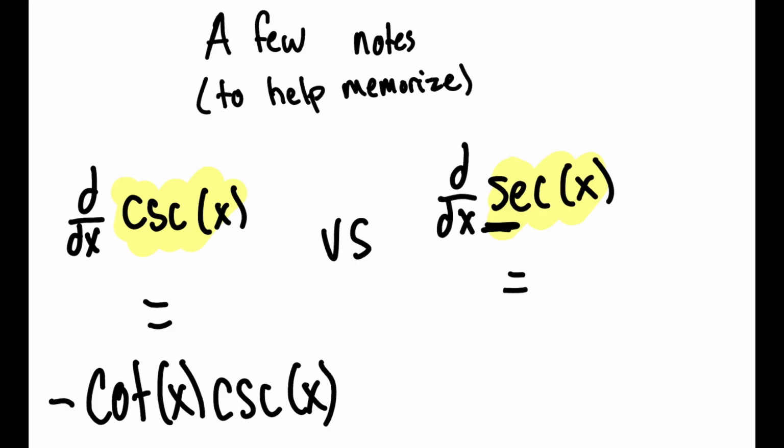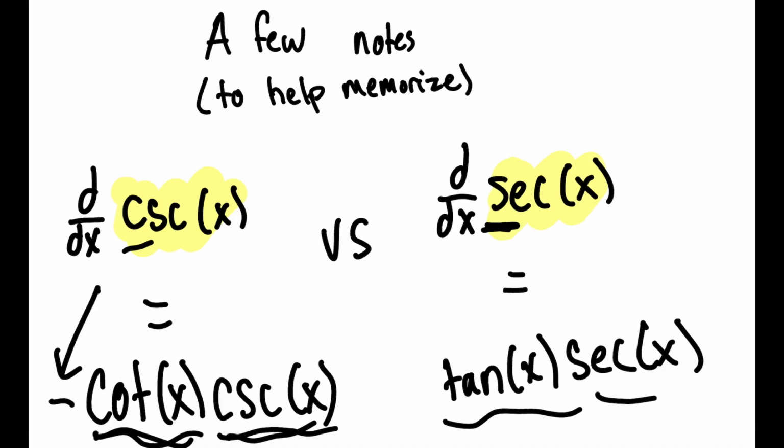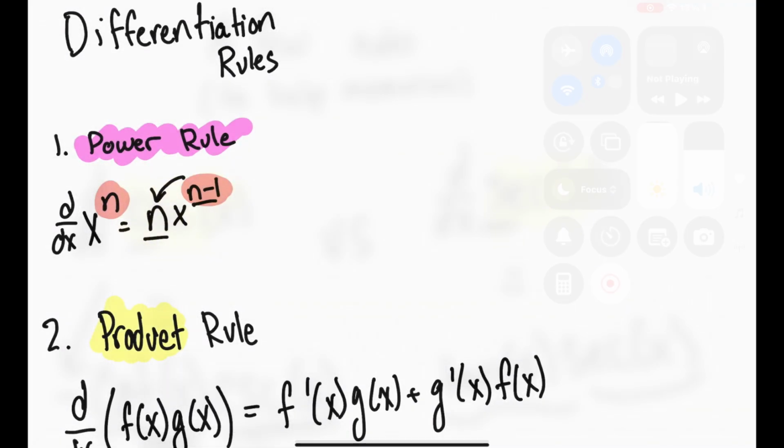And secondly, instead of cotangent, we're going to get only tangent. And instead of cosecant, we're only going to get secant. So depending on if you're starting with the co or with no co, will change if there's going to be a negative, and if you're working with cotangent and cosecant, or with tangent and secant.